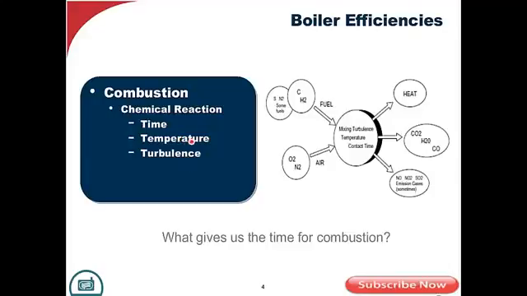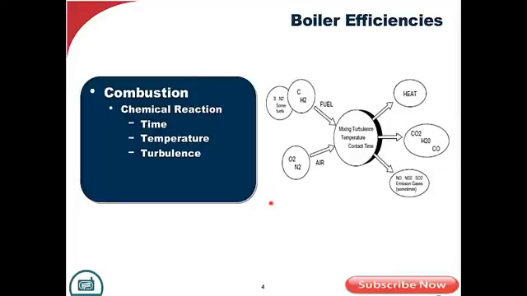The temperature, of course, is supplied by a spark that ignites a pilot, which then ignites a main flame, which then, through spontaneous combustion, the oxidation continuously occurs. That burner also provides turbulence so that we can mix this fuel and this air together to give us good oxidation. But the question is, what gives us the time for combustion?